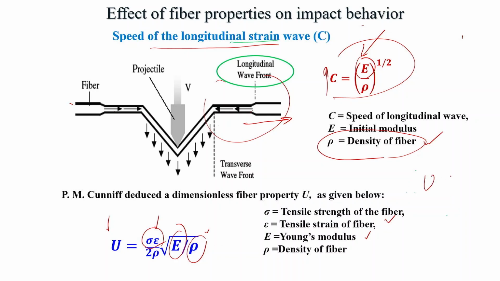So, U is proportional to C; U indirectly, or you can say directly, represents the longitudinal strain wave value. If we have, say, the breaking tensile strength, tensile strain and rho constant, then these are basically related, and if rho is constant also, that means Young's modulus is the characteristic which actually controls the C value.